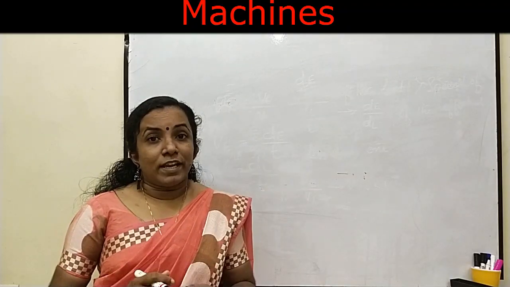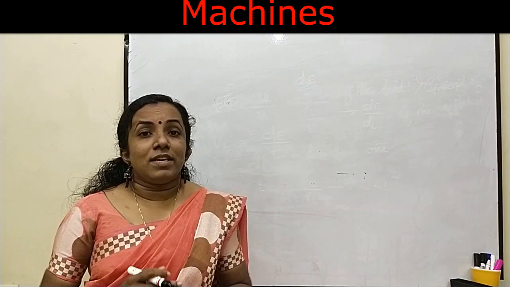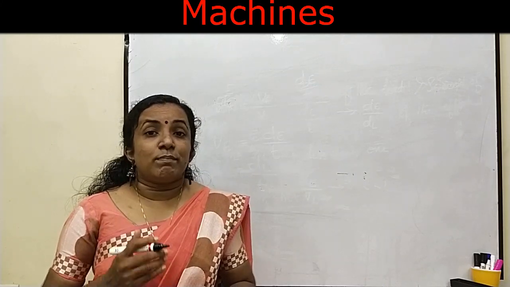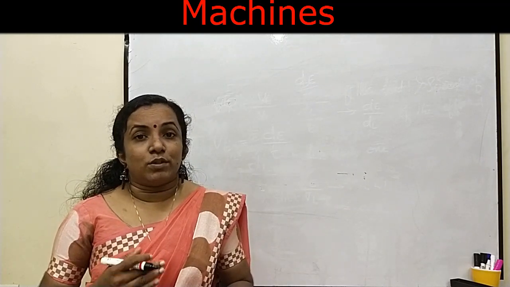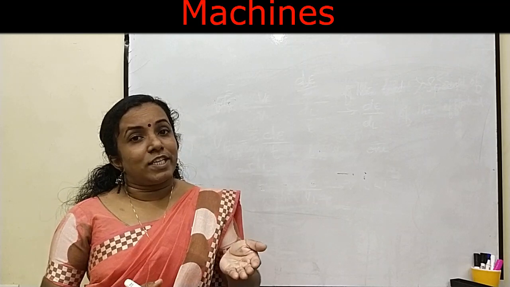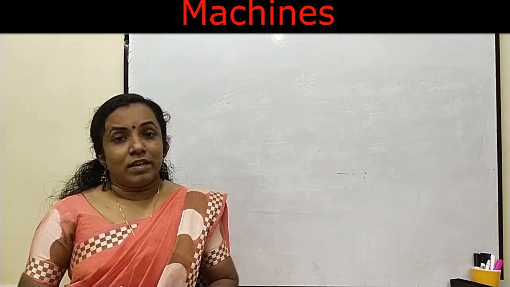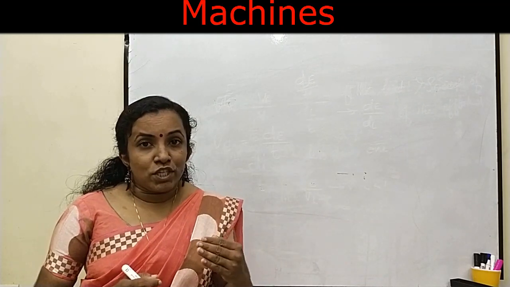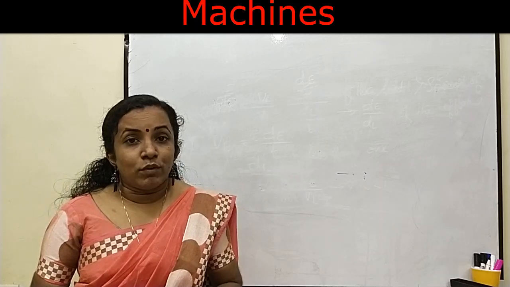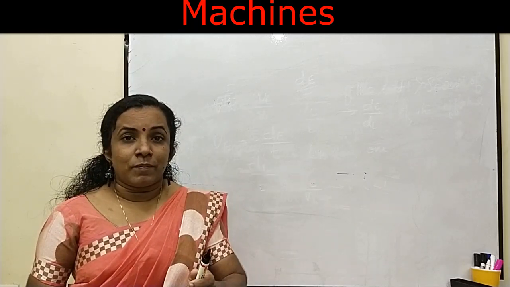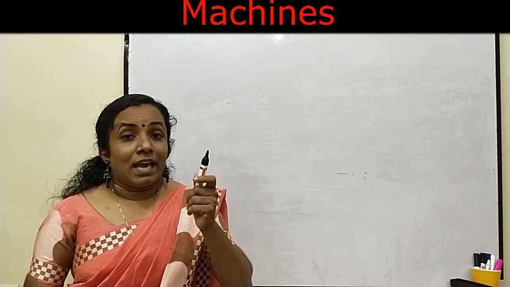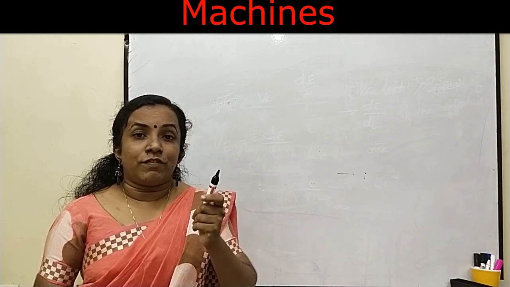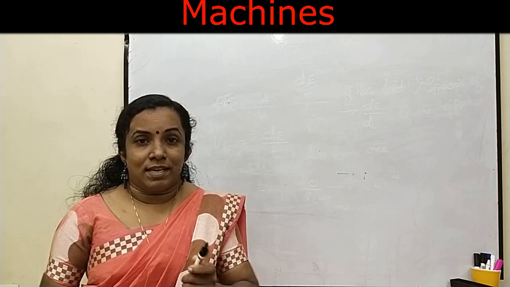Now, as I explained to you in the beginning, a machine is a device which makes our work easier to do. So, machine is related to work. Now, to work a machine, we have to apply a force and we have to move the handle of the machine through some distance.